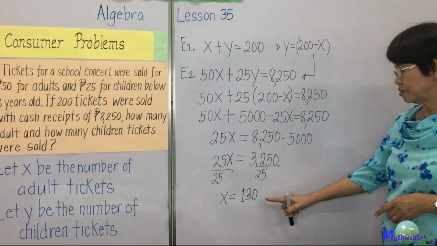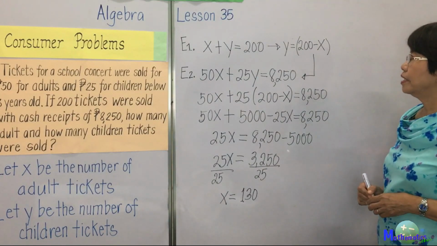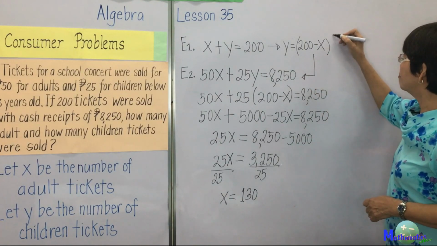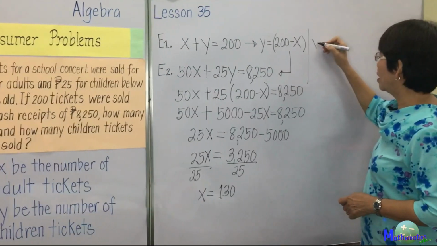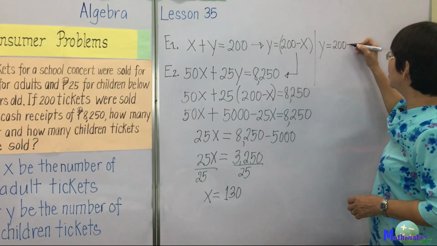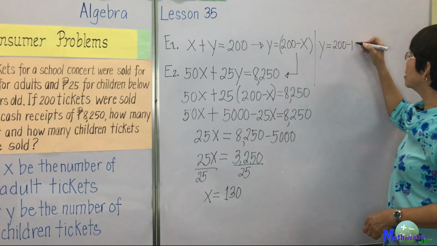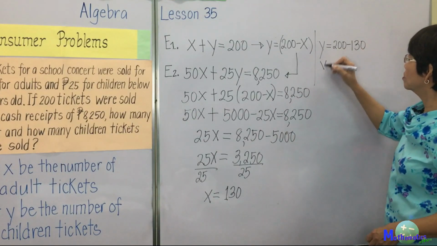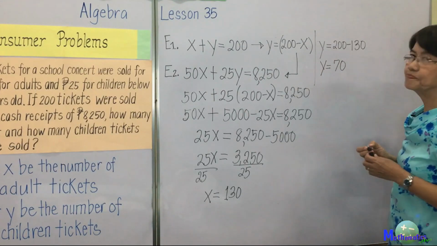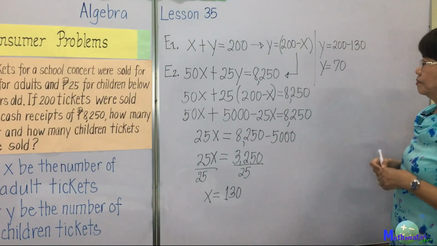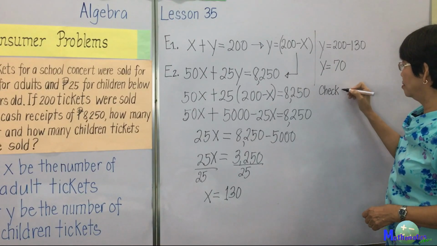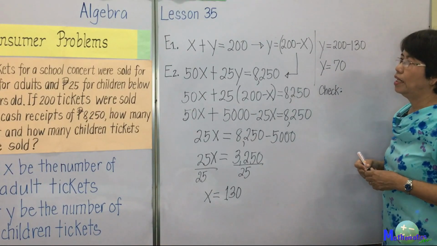And then we will substitute this value to equation 1. So this equation, we have y is equal to 200 minus x, 130. So y is equal to 70. So you have to check this. Check.